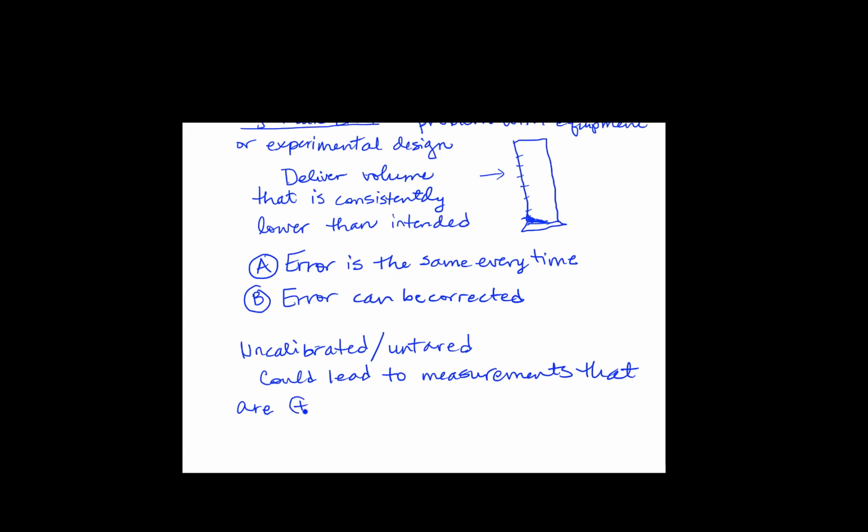So you could have a positive or a negative error. And this is a third part that we need to remember about systematic error. The first is that our error is going to be the same every time we do a measurement, and it can be corrected by fixing whatever the problem is, and we can have errors that are always too high or always too low, but it's always going to be the same.